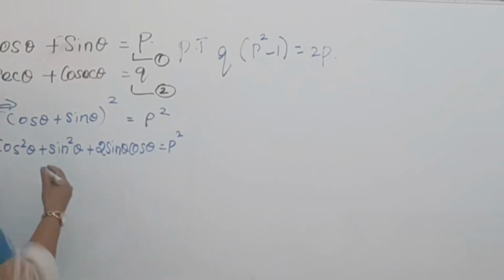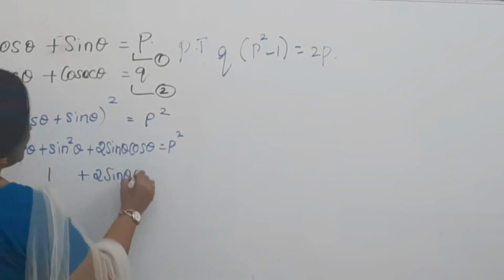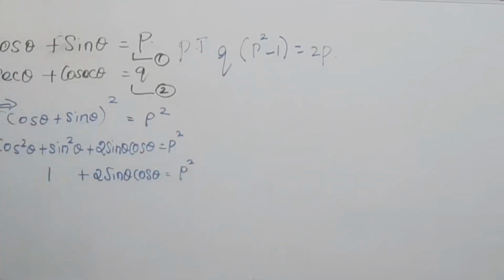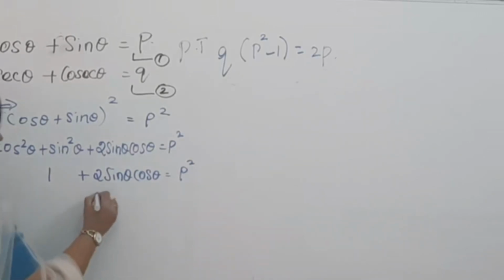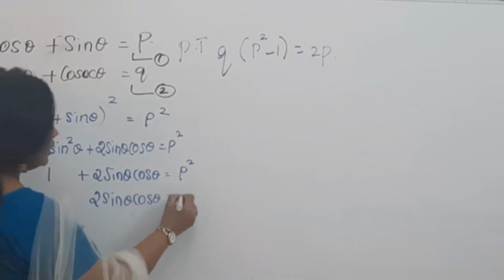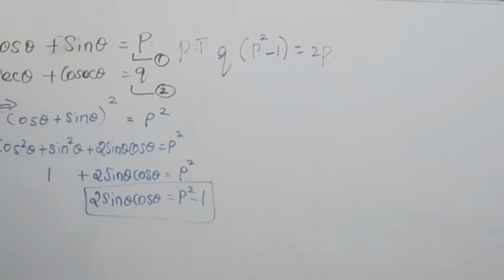That means I have to substitute here. So this is not all the time the same, but you have to see what I have to prove. Based on that, I will substitute. So now you can understand 2 sine theta cos theta is equal to P square minus 1. See, I got my P square minus 1 is 2 sine theta cos theta.